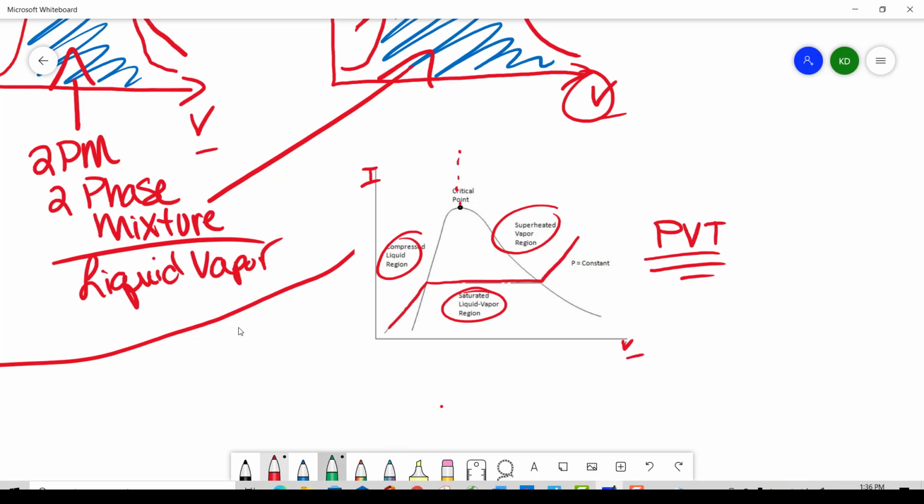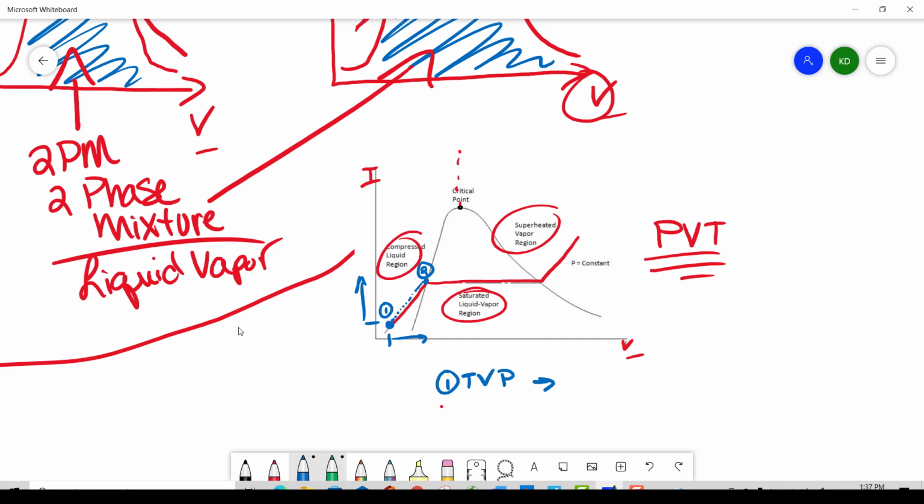So let's just walk through how we would work it. If we start here, okay, and we're increasing in temperature and increasing in V, right? So how we would get there is we would continue on this pressure line. And so say this was state 1 and say this was state 2. Well, at state 1, we would have a T and a V and a P, okay?